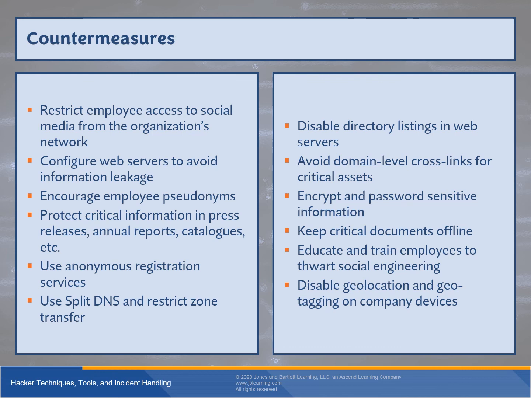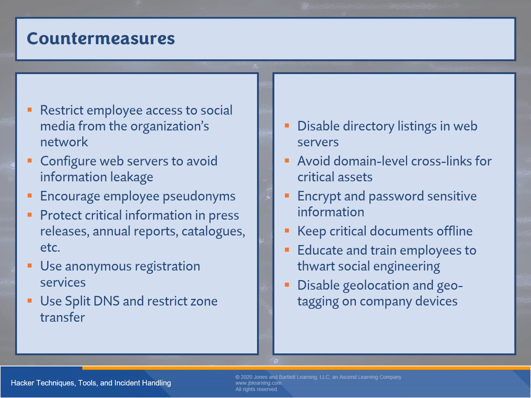We're registered through this particular registry, and then they have their public information out as opposed to us. Split DNS to be able to have a difference between internal and external DNS, so that way we have that extra layer of filtering. Restrict zone transfer so that people can't zone walk. Disable directory listings in web servers so that somebody can't go to the standard Apache directory to traverse all the content of your server.